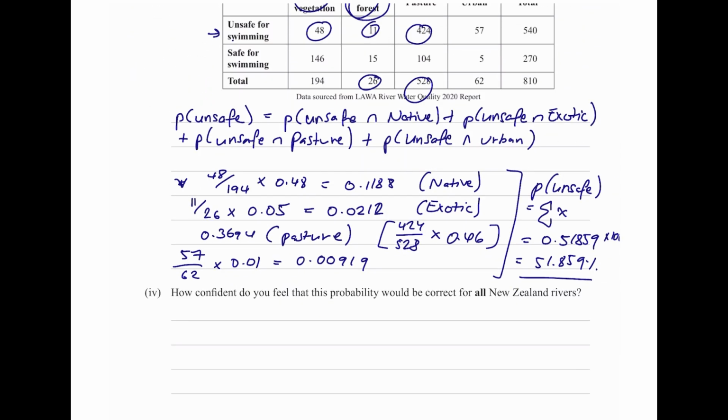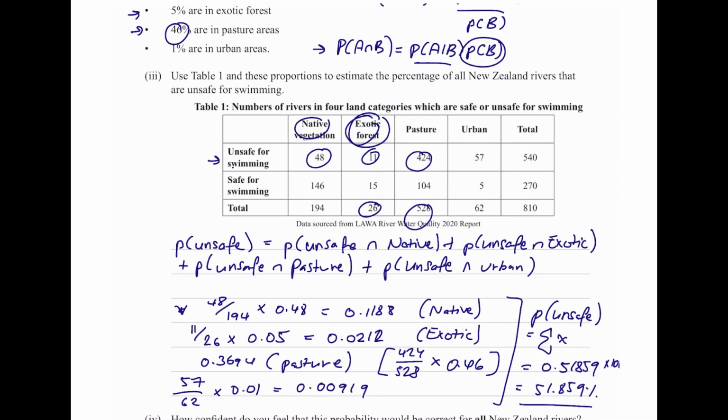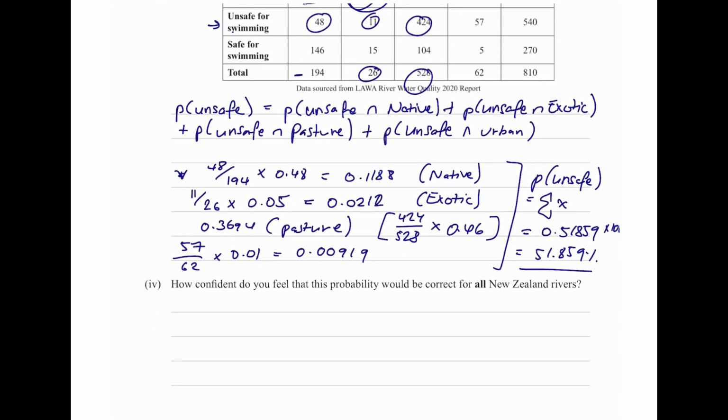So as a result, if we look at native vegetation, 194 over 810 is like half of 48%, right? So I would essentially say I am not confident that this is correct. What's the reason?